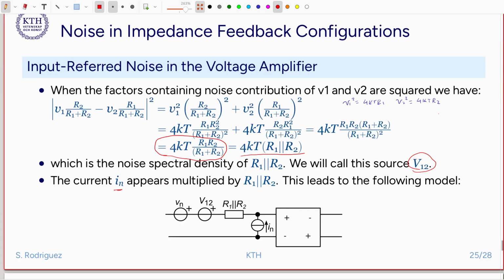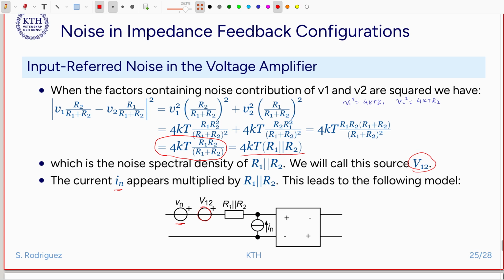So based on these observations, we can build the following input referred noise model for the voltage amplifier. For the voltage amplifier, the input referred noise voltage of the amplifier itself can be moved directly to the input, and then we have these feedback resistors R1 and R2 in parallel, producing this input referred noise voltage.